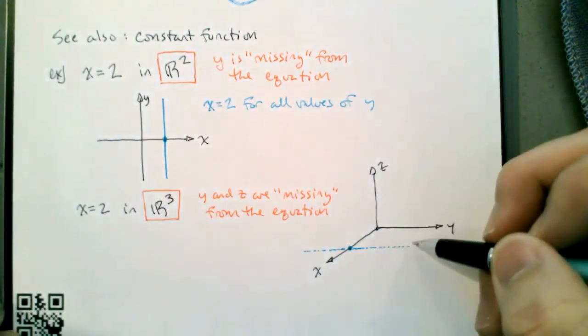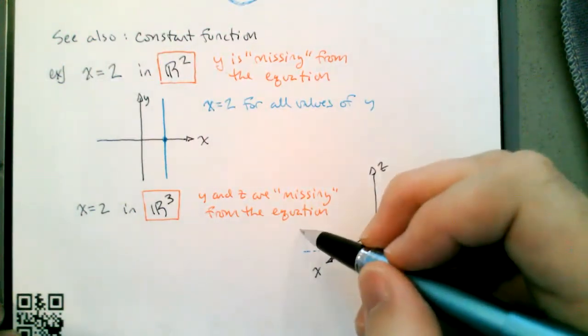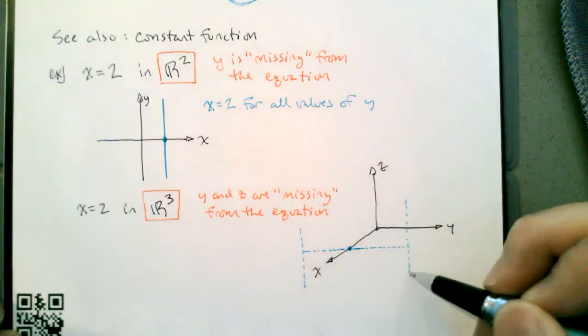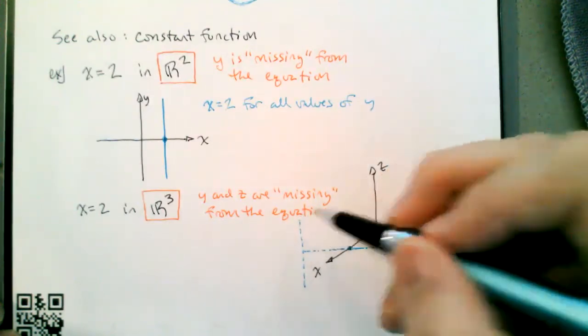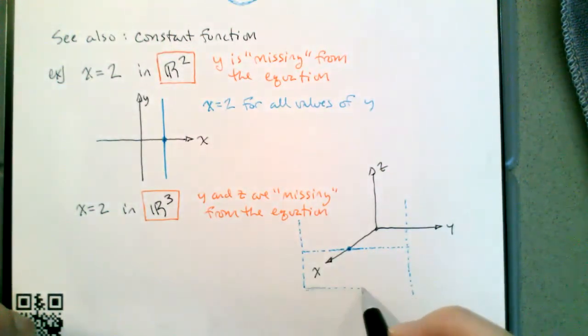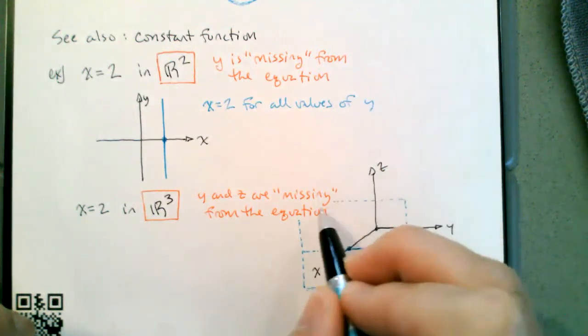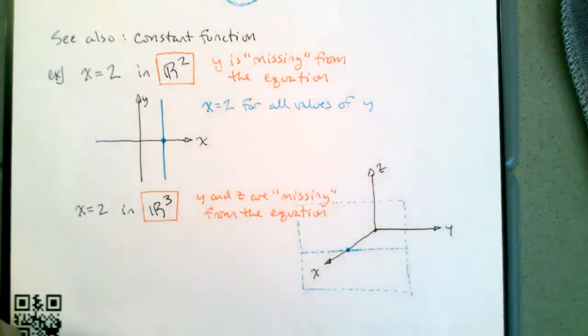So I'm just going to take this and extend it up and down into a plane. So I'll have this plane perpendicular to the YZ plane. And this is the plane where x is equal to 2.